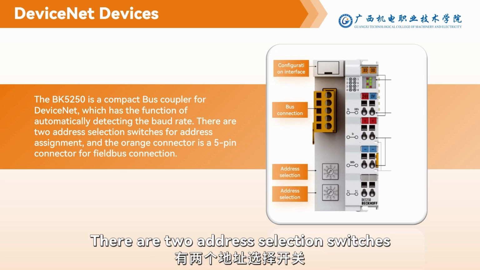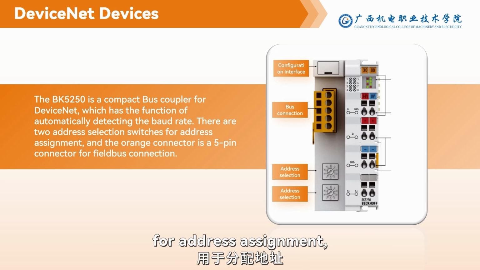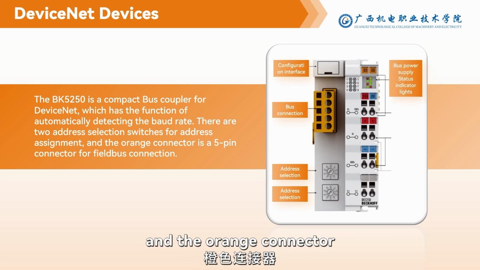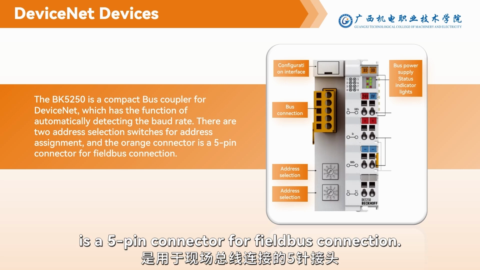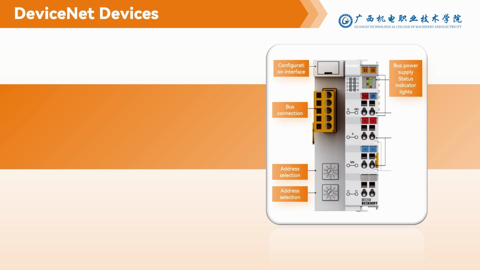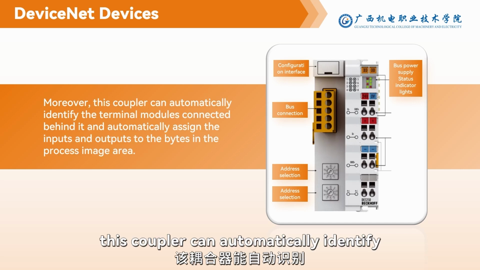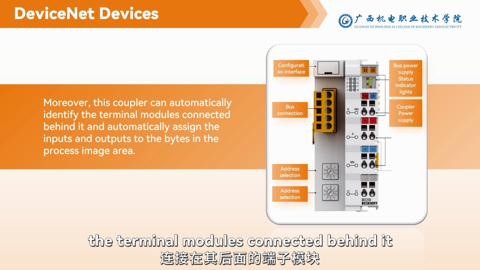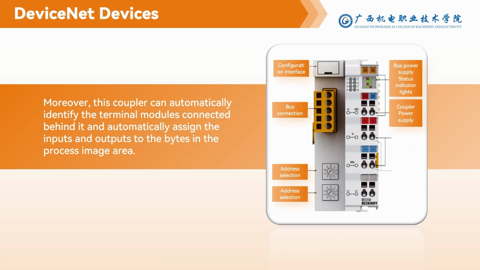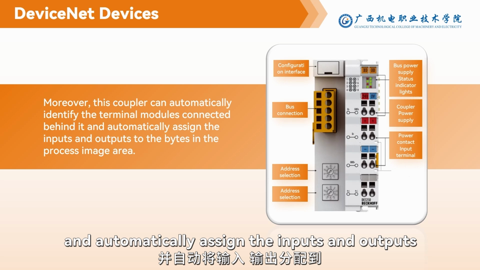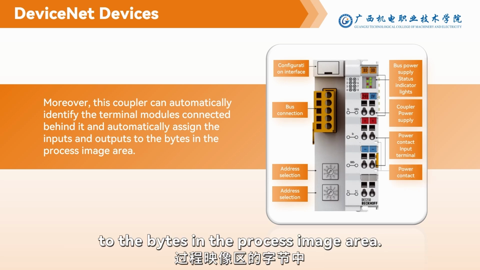There are 2 address selection switches for address assessment, and the orange connector is a 5-pin connector for field bus connection. Moreover, this coupler can automatically identify the terminal models connected behind it and automatically assigns the input and output to the bytes in the process image area.